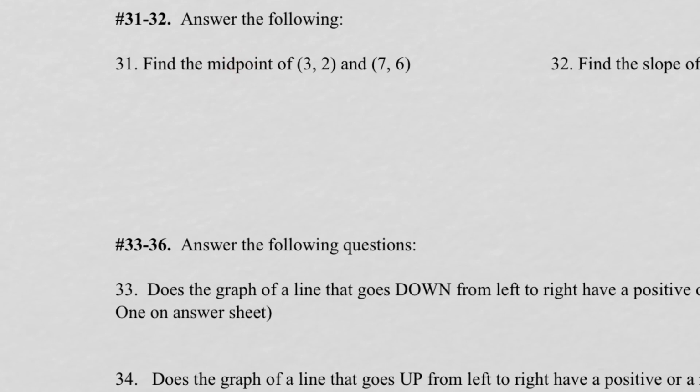When you're finding the midpoint, the formula is the x value of the midpoint is x1 plus x2 over 2, and the y value of the midpoint is y1 plus y2 over 2. So for the x value of the midpoint, it's x1, 3, plus x2, 7.